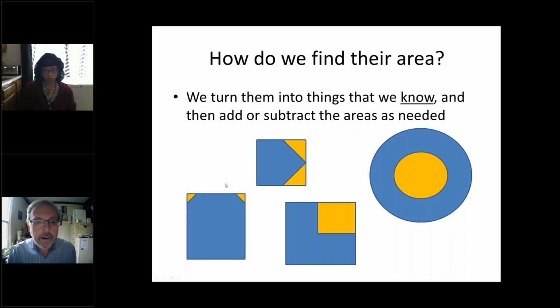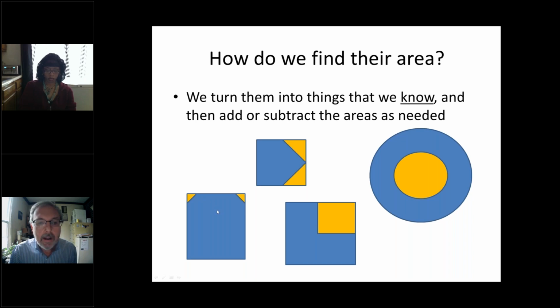So let's look first at this bottom one. If we want to find the area that's in blue, one way to do that would be to find out the area of this whole rectangle, because we know the formula for that, length times width, and we could subtract off the areas of these two triangles.